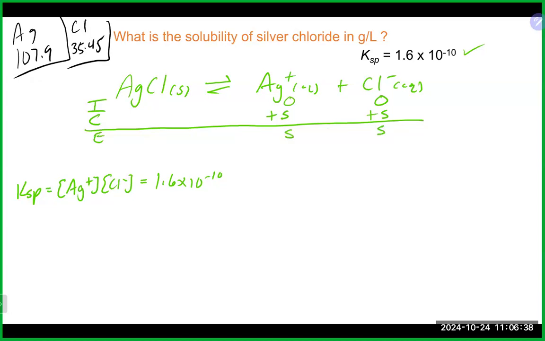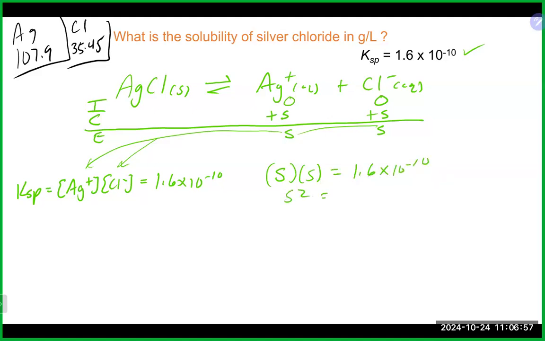Any questions on the ICE table here? Like a normal equilibrium problem, we put these into the expression, which gets us S times S, or S squared, equal to 1.6 times 10 to the minus 10.